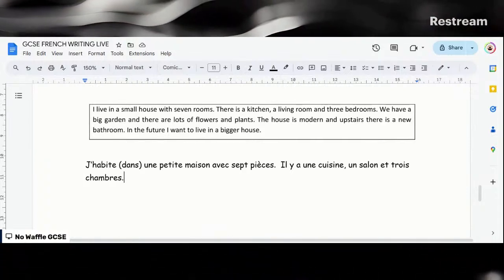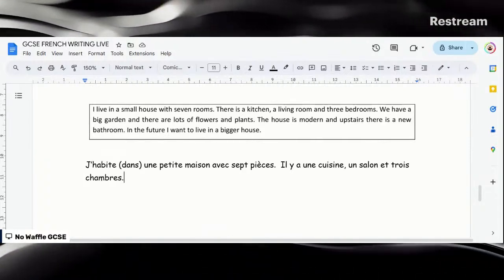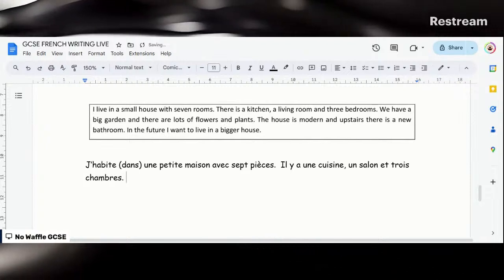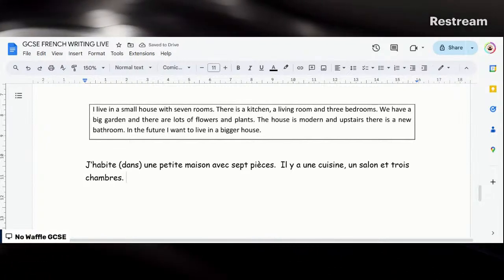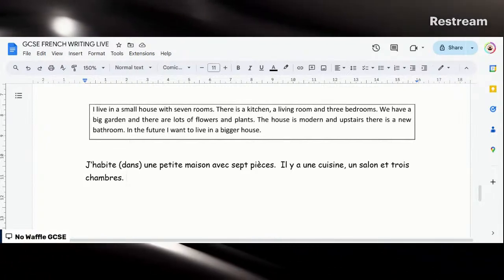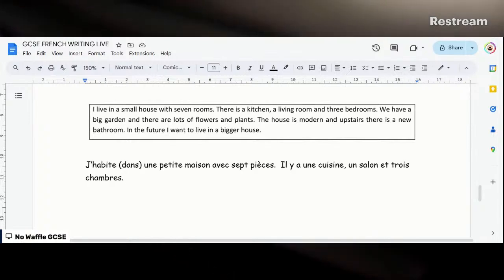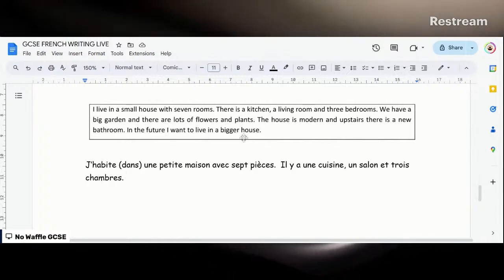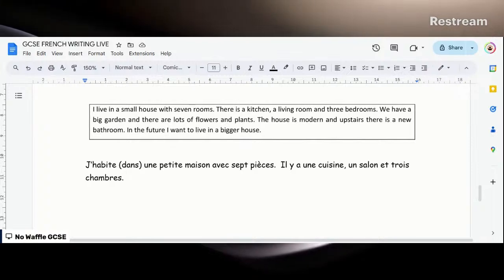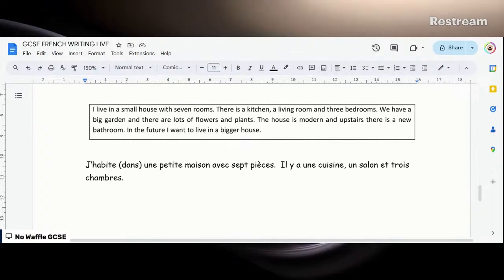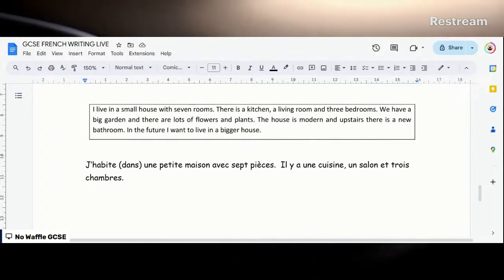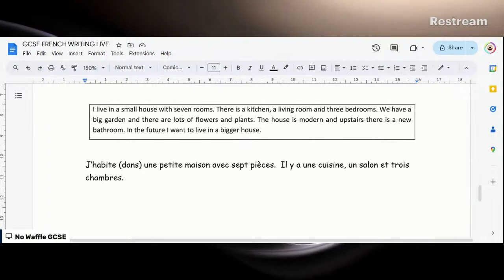We have a big garden and there are lots of flowers and plants. Thank you, Ishan, for coming, and I'll see you in hopefully a future live stream. Good luck for your exam. Okay, we have a big garden and there are lots of flowers and plants. I think Ishan is in another country.